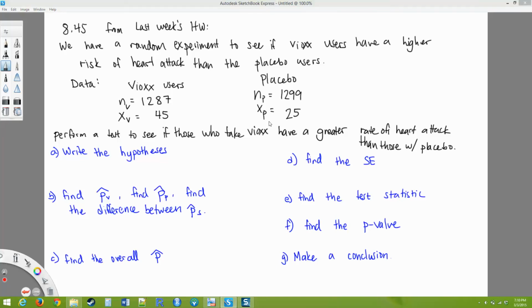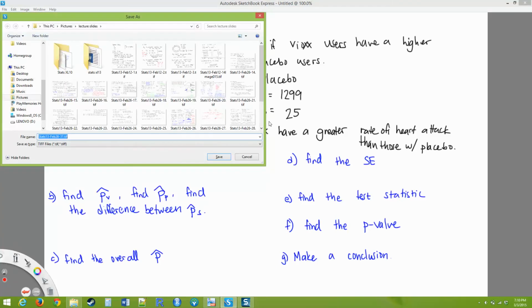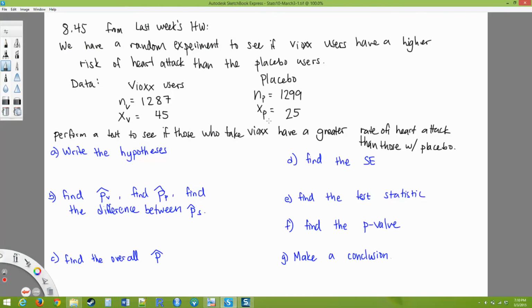Okay, let me just save this. I advise you label your numbers whenever you do a problem like this. Okay, so let's go through the answer here. Is it all right if I clear this screen? Just a second.